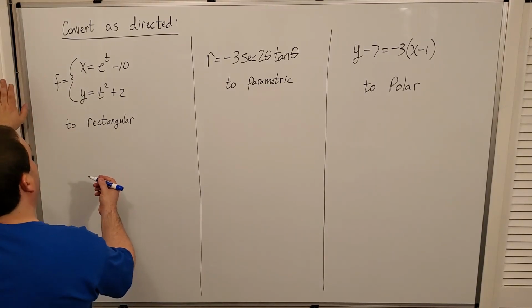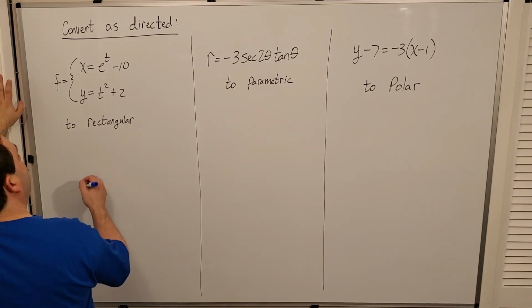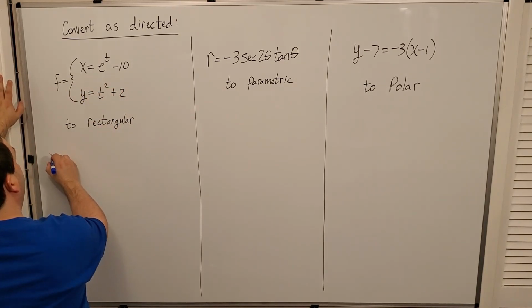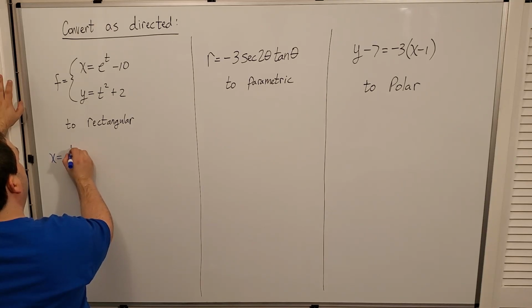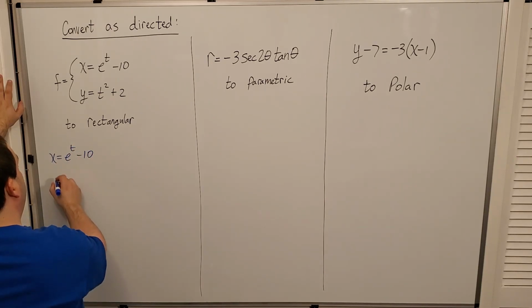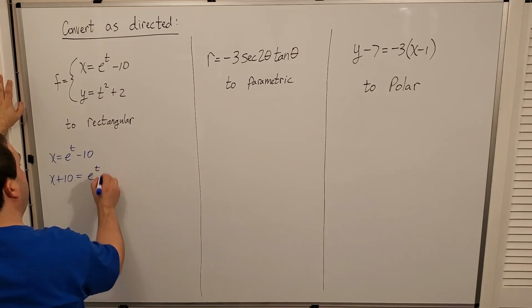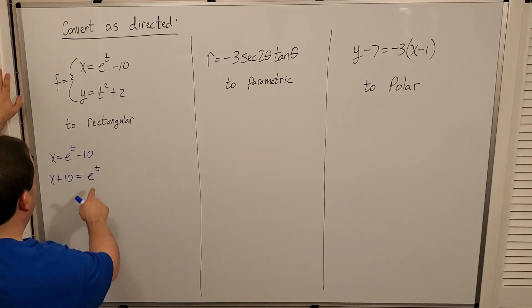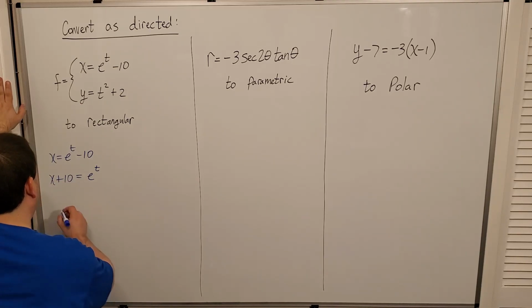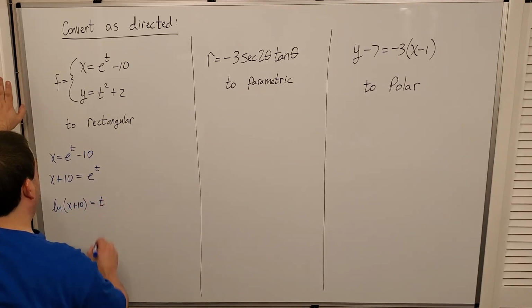So right here, I've got that x is equal to e to the t minus 10. This means that x plus 10 is equal to e to the t, which I would then take the logarithm of both sides. So I have the ln of x plus 10 is equal to t.